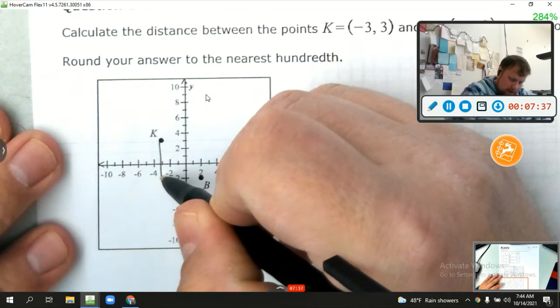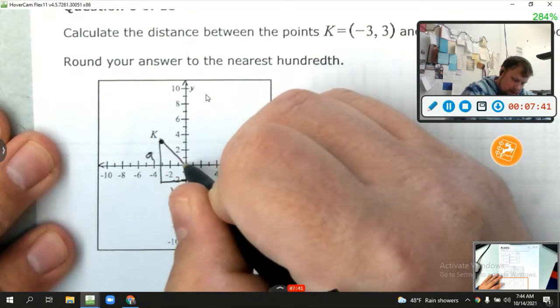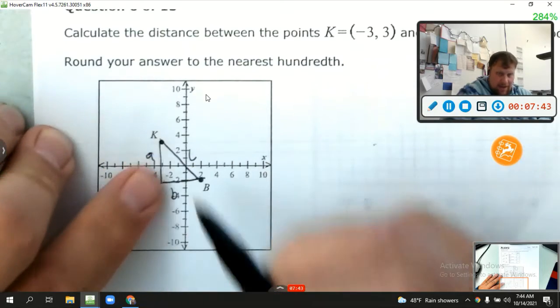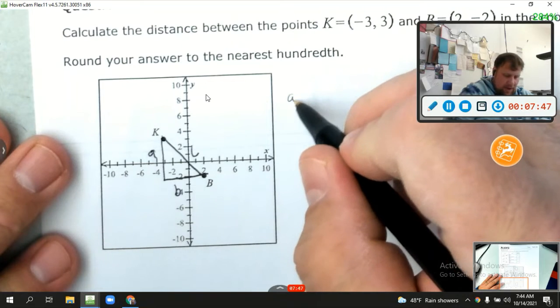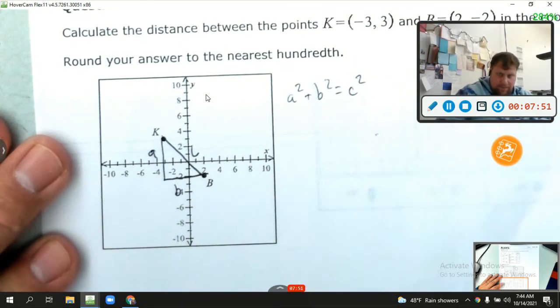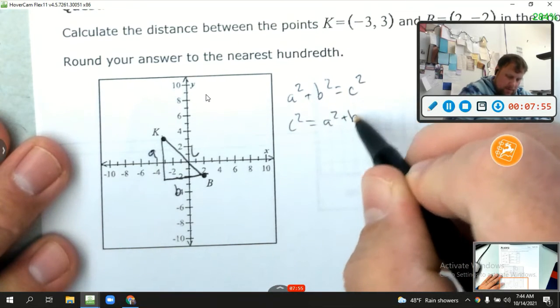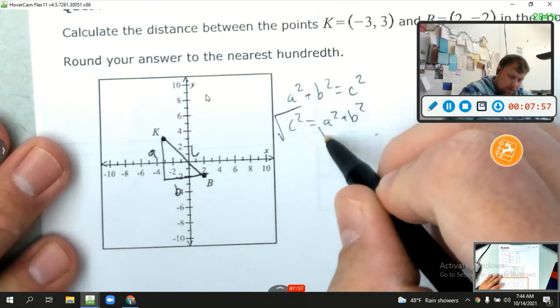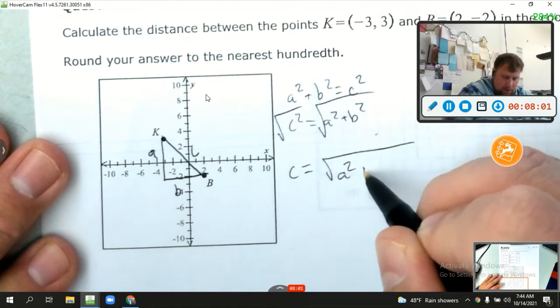These make a right triangle with legs A and B and hypotenuse C. Now, C is the distance between them. And we talked about this: A squared plus B squared equals C squared, right? I'm going to rewrite that as C squared equals A squared plus B squared. Take the square root of both sides, and we get that C equals the square root of A squared plus B squared.